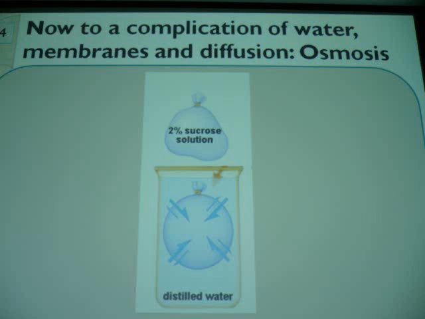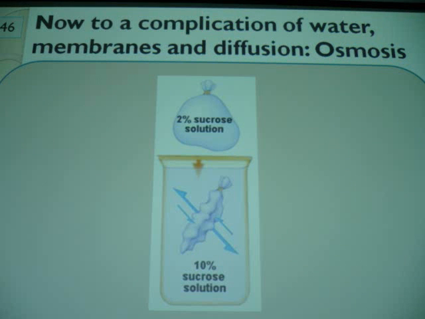Where there's less. So you look at the picture here, there is more water out there in that solution than inside that cell. So water goes into the cell, makes that cell swell up, and like a bubble gum bubble, it will eventually burst.